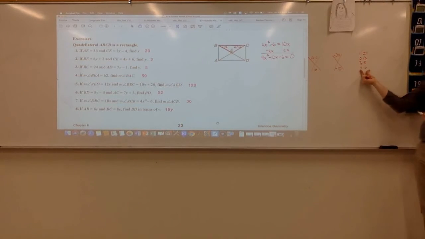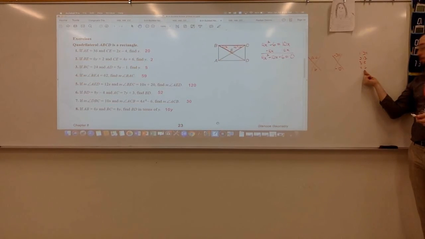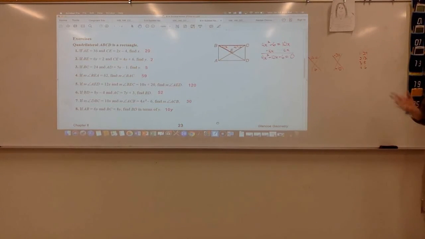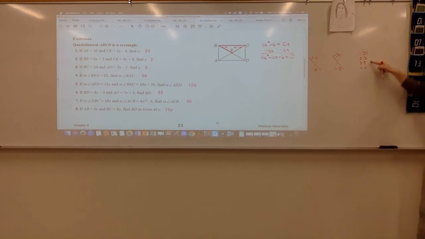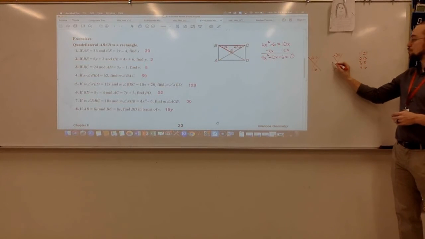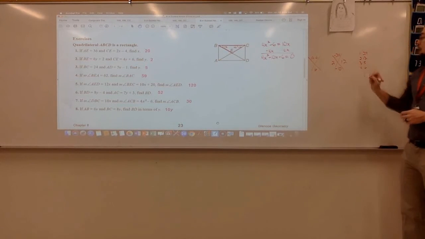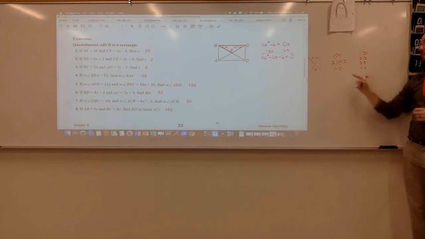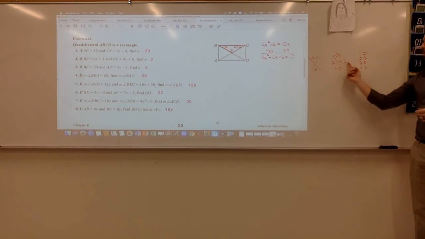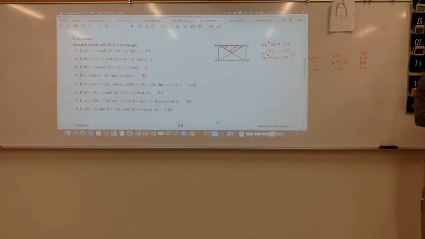It might look like the 4 and the 6 would work because 4 plus 6 is 10, but there's no way to make one of them positive and one of them negative to get them to add to negative 10. It's actually going to be the 2 and the 12. If I make the 12 negative, 2 plus negative 12 is negative 10, and 2 times negative 12 is negative 24.